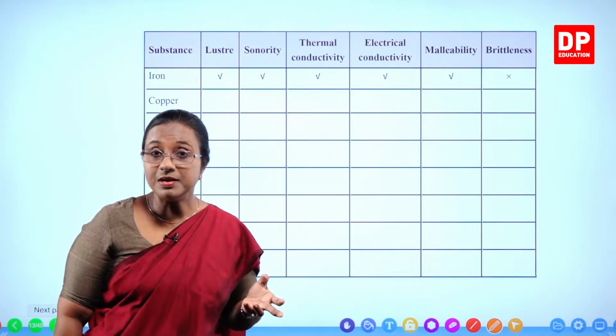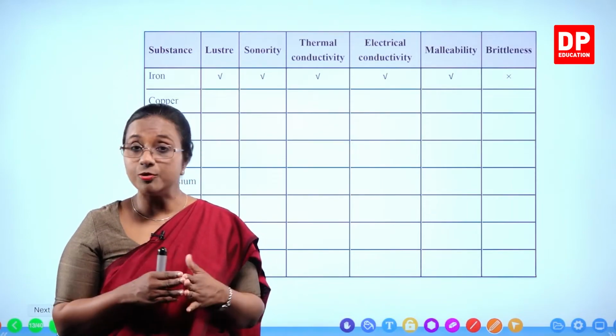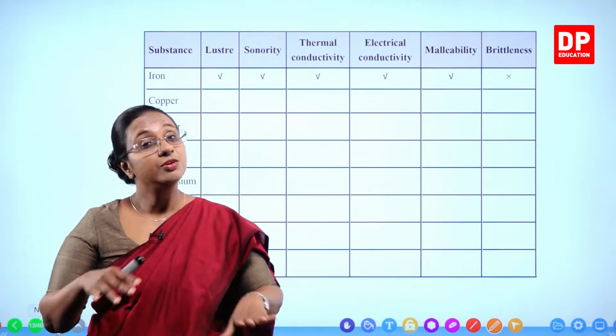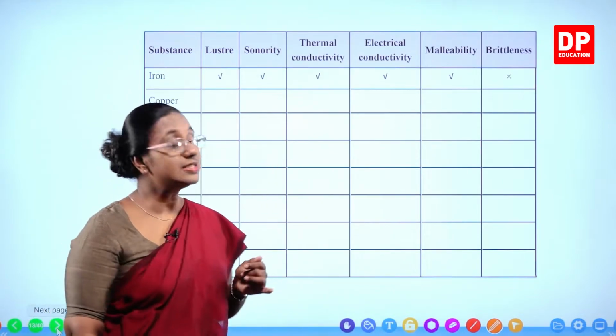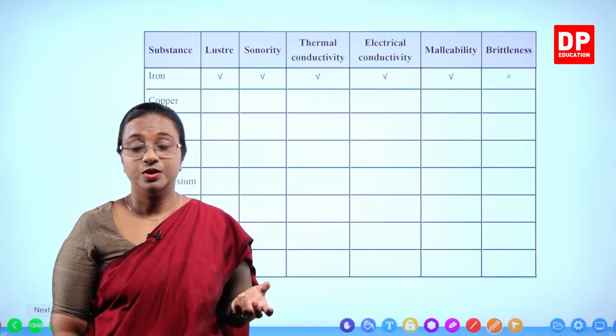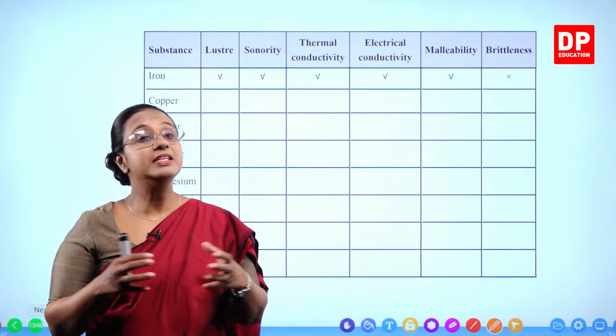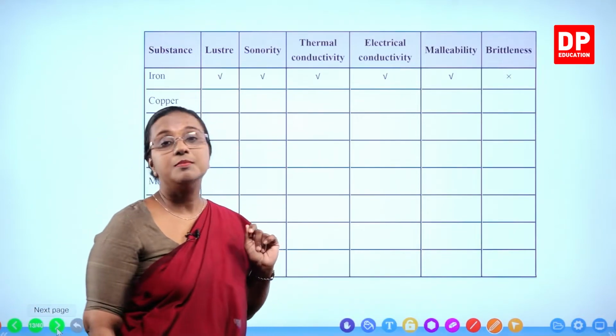Is it malleable? Can it be made into sheets by applying force without breaking? Yes, you have seen structures made up of iron sheets. So it is malleable. Is it brittle? No. If you drop a piece of iron, it doesn't break into pieces. So that means it is not brittle.